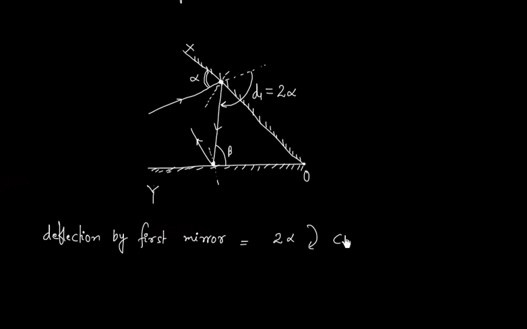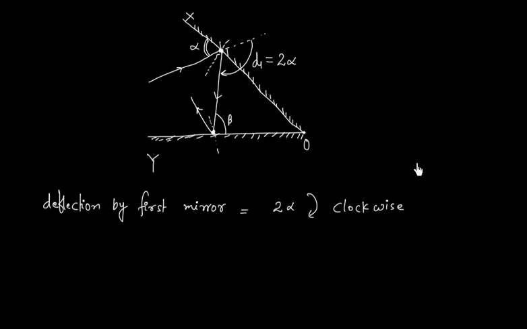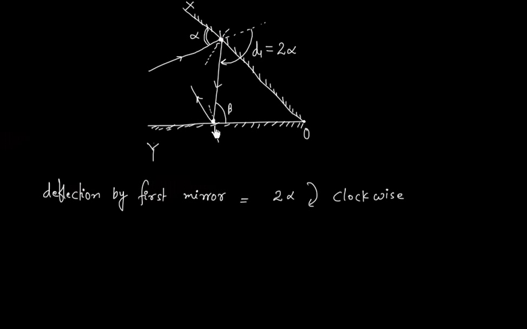Now this deflection is clockwise. Now let us see the next mirror, the second mirror. Basically the ray has to go in this direction, but now it is deflected in this direction. So this is deflection d2, and this is again equal to 2 beta. So the deflection by the second mirror, d2, is equal to 2 beta.